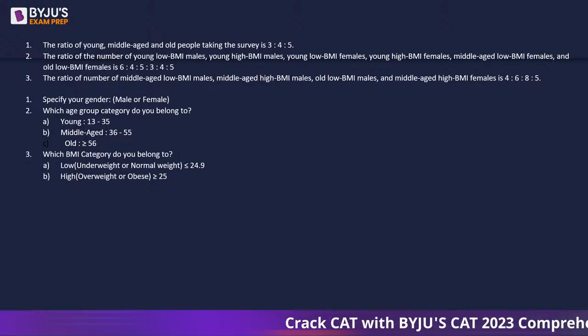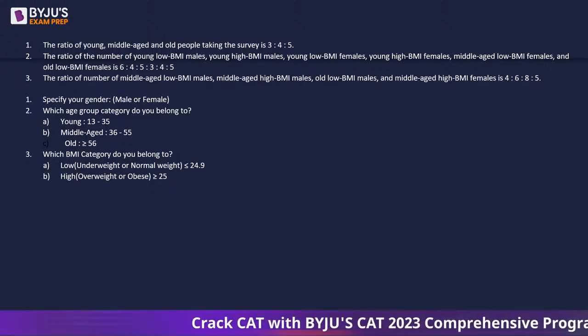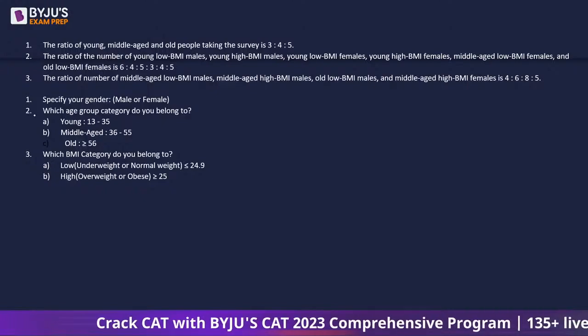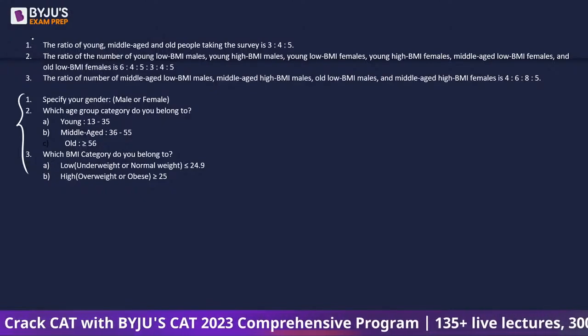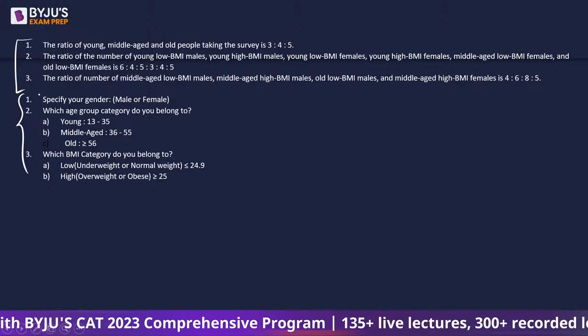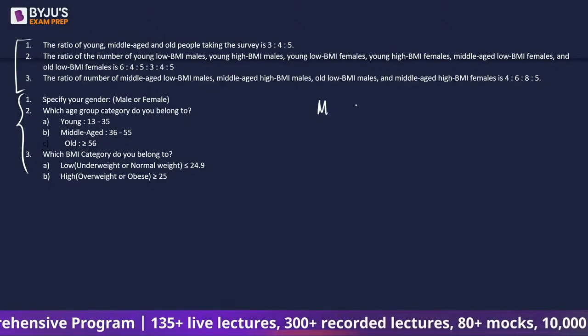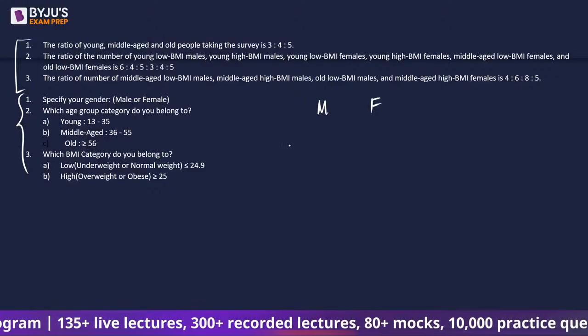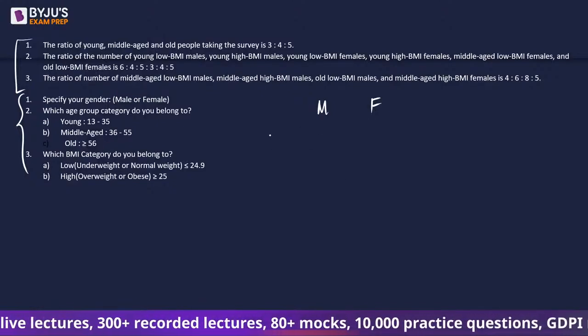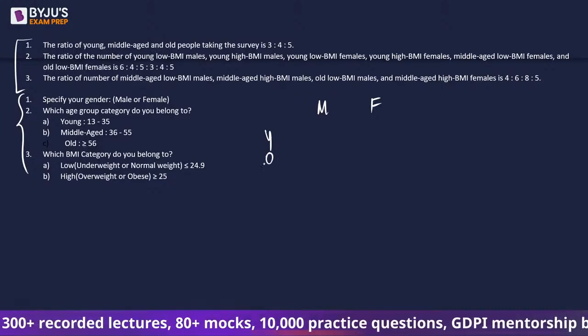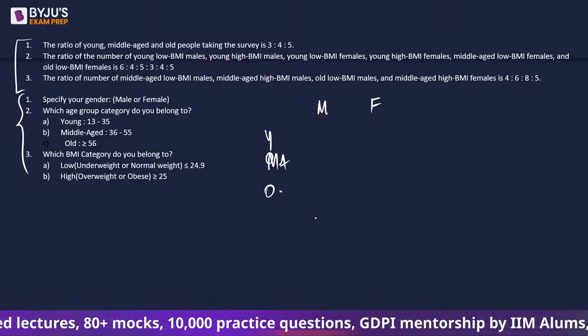We will need a table, right? So what should the table look like? So we have got 3 categories here, right? And we have got these 3 additional conditions or statements. So what are the categories? पहले तो होगा कि मेल है कि फीमेल है. Within male and female, we will have a group category as in young, middle-aged, old, right?